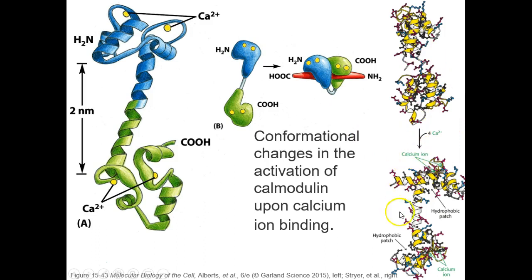This shows biochemically a little bit what's going on, and it shows this hinge region, and there are these hydrophobic patches that allow it to bind to certain hydrophobic patches of the protein. But the binding of the calcium causes this conformational change that allows the calmodulin to wrap around a target protein and then activates that protein, whatever that target is.